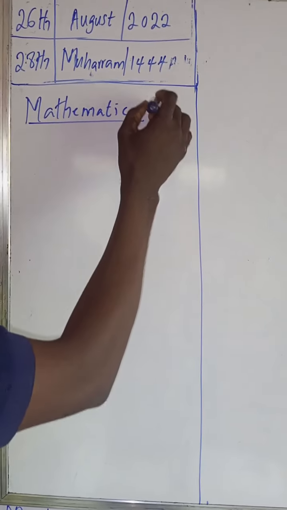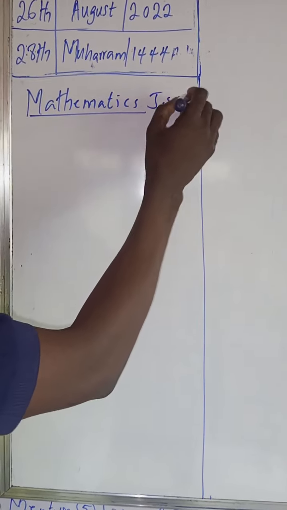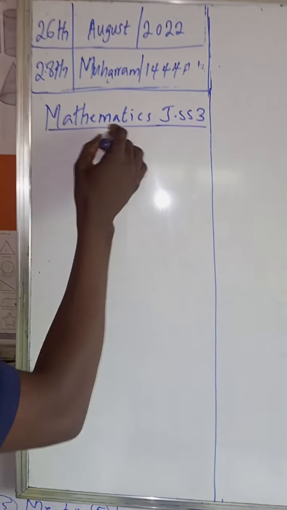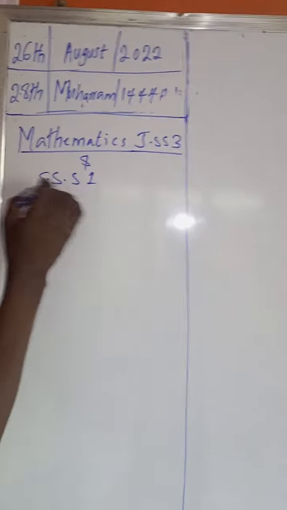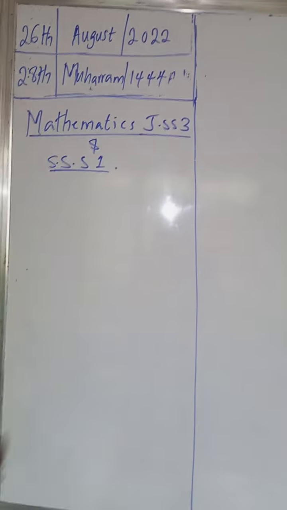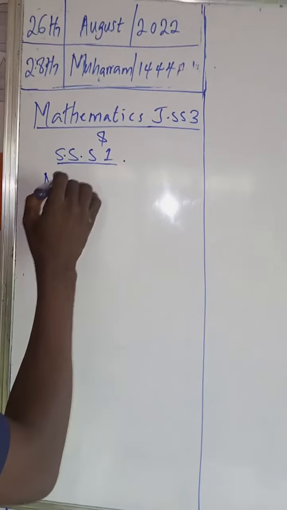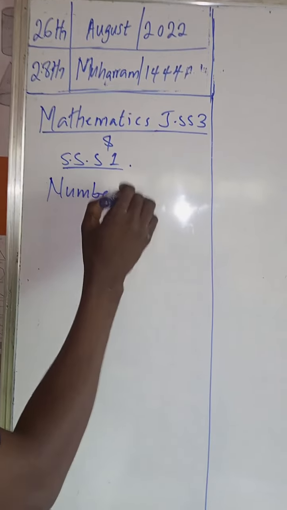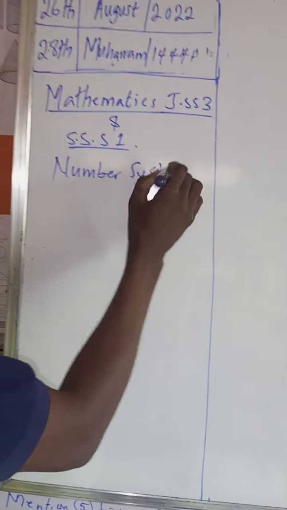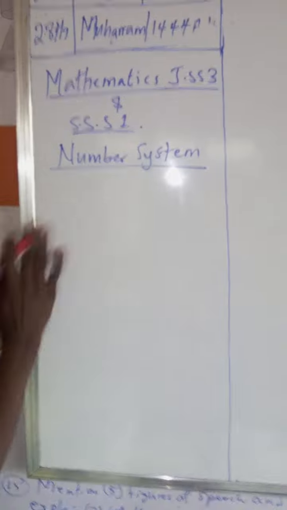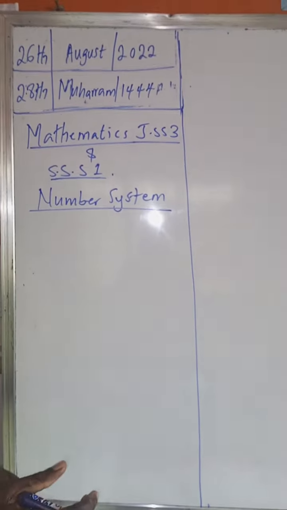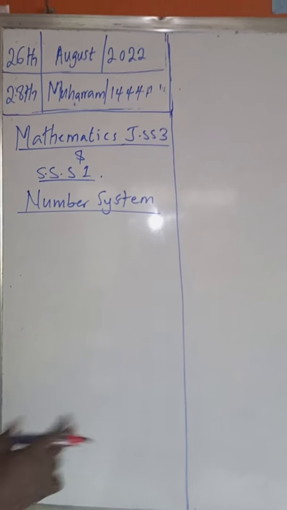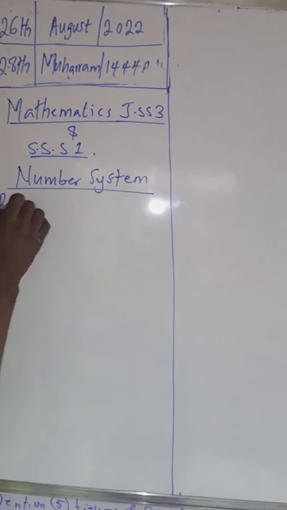It's mainly for JSS3, so let SS1 also watch. We call it number system, although in JSS3 they call it binary system. But if you look at their textbook, they have gone beyond number system binary. So let's recall some things here.